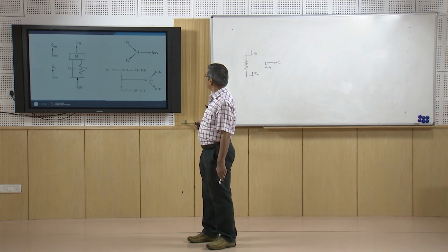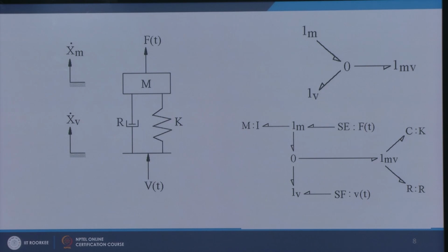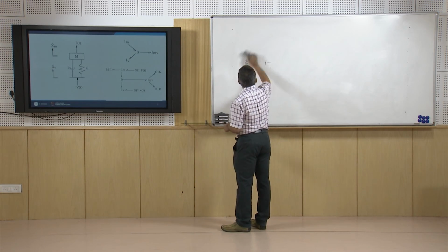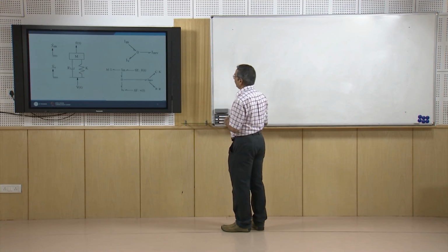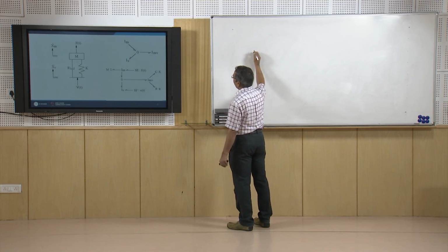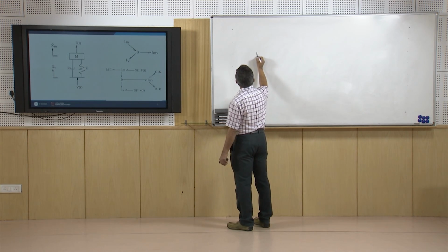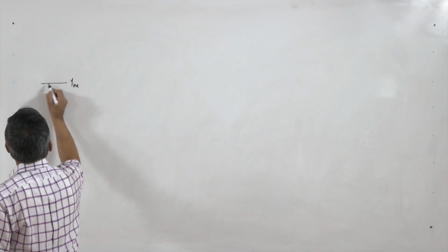This figure represents the bond graph model of this mechanical system. Of course, with our usual procedure we can assign causality to this bond graph, as per the causality assignment procedure which we have seen. I can quickly tell you how we can do it.